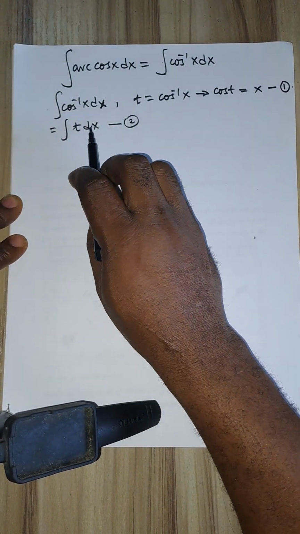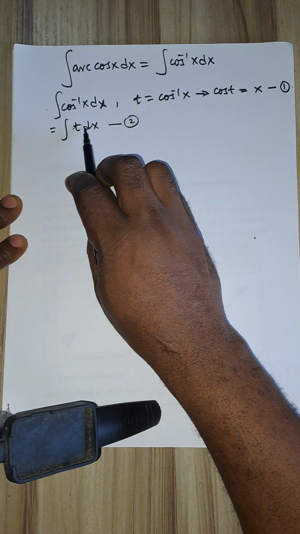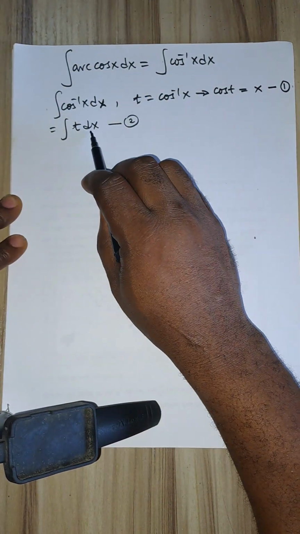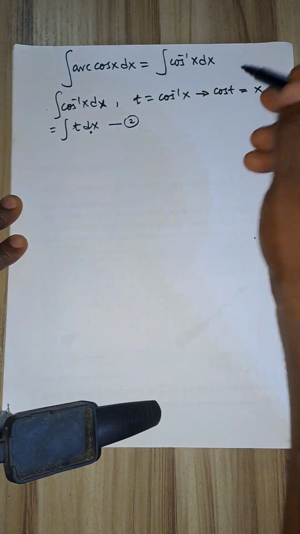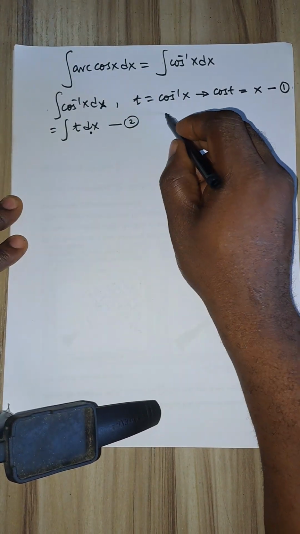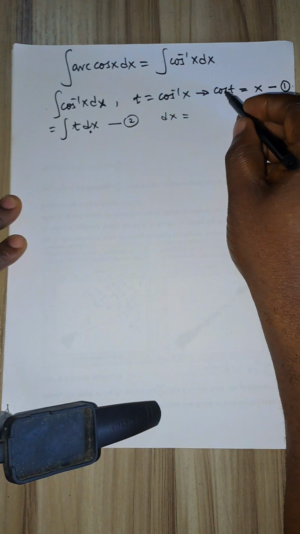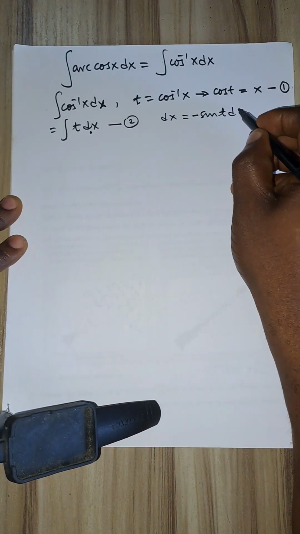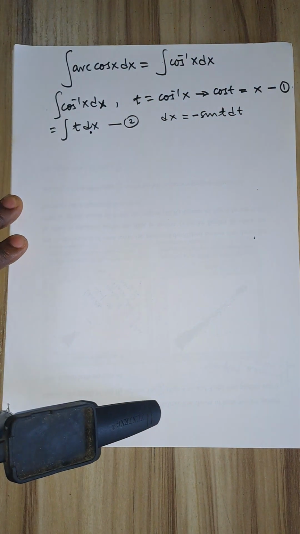Now we need to remove dx, so we'll have to express it in terms of t. Looking at equation 1, differentiate: negative sine t dt equals dx. Call this equation 3, so dx/dt will be equal to negative sine t.